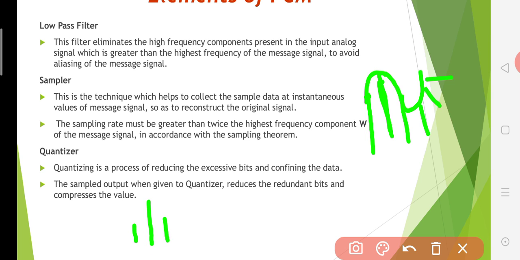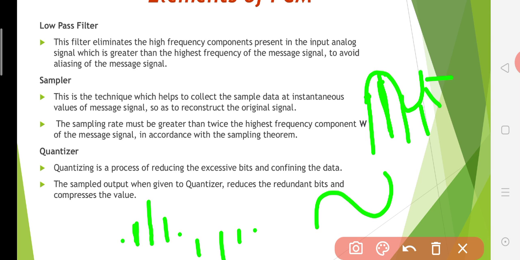This is just for example purposes. In this way, the continuous signal is converted into discrete nature.